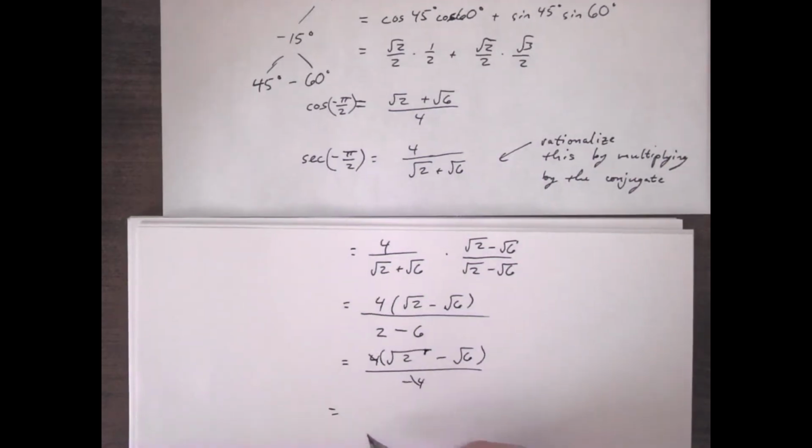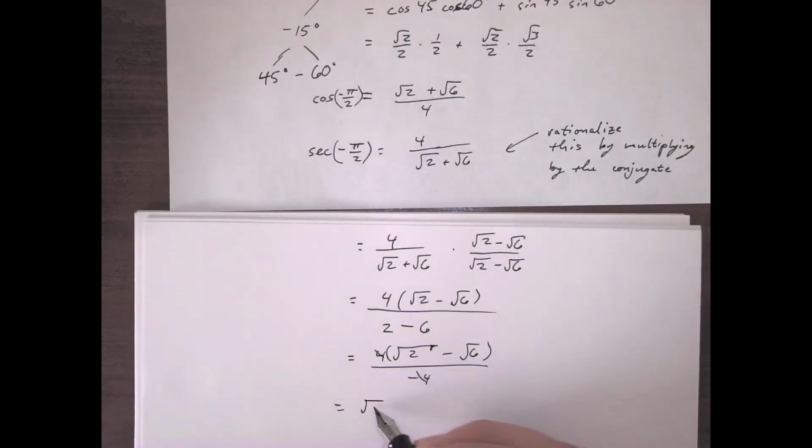All we're going to have left is the negative, which means that we can just change the positive term to a negative term and the negative term to a positive term. And so that just switches the order of the two terms there. And we're going to have root 6 minus root 2. So that would be the most simplified version of that.